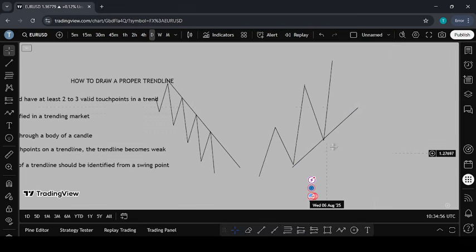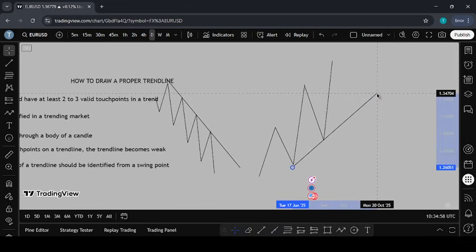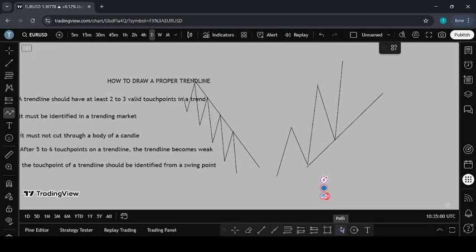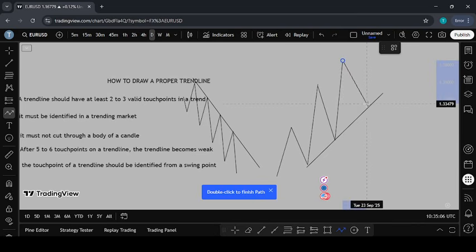Now for example, you have seen the market creating 2 or 3 valid touch points on a particular trend line. This trend line can also help you with the proper direction of where this market wants to move from.